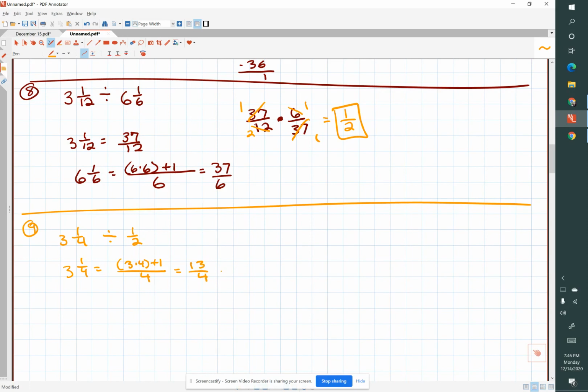Over 4 times the reciprocal of 1/2 is 2 over 1. 2 divided by 2 is 1. 4 divided by 2 is 2. So the final answer would be 13 over 2. And that converts into 13. 6 times 2 is 12 and 1/2. So that equals 6 and 1/2.